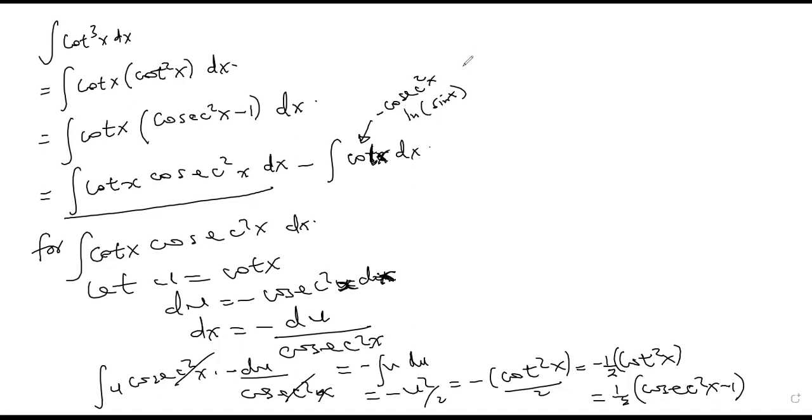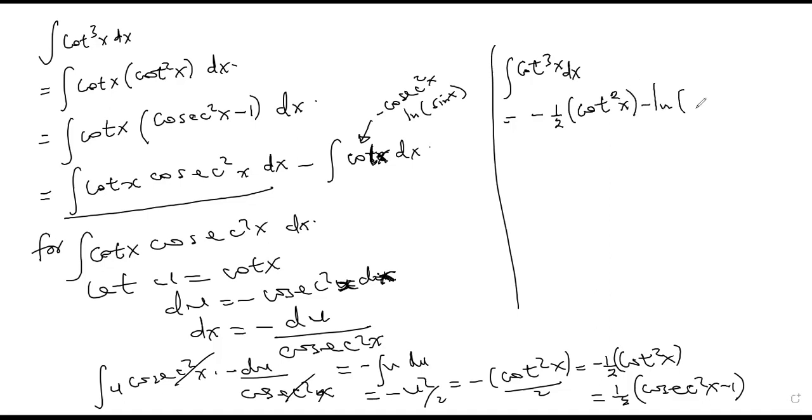So it implies that our integral of cot cubed x dx is the same as negative a half cot squared x minus ln sine x plus a constant of integration.